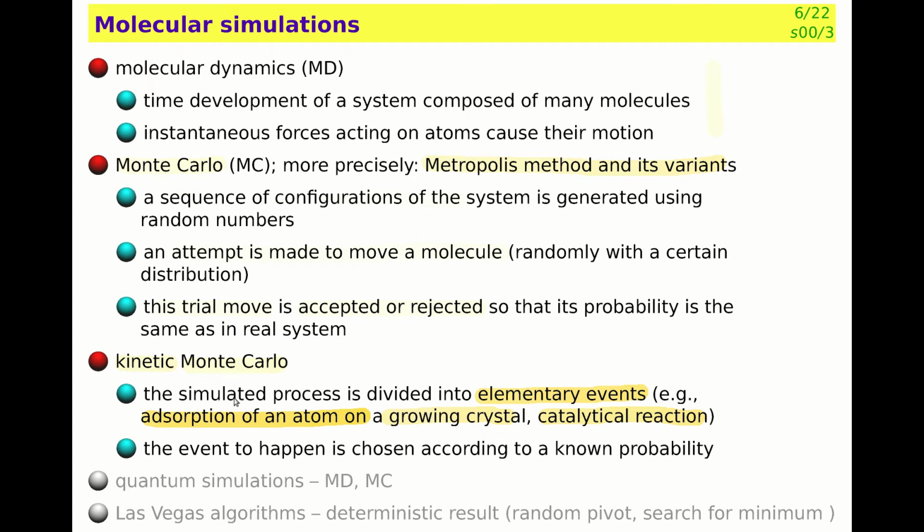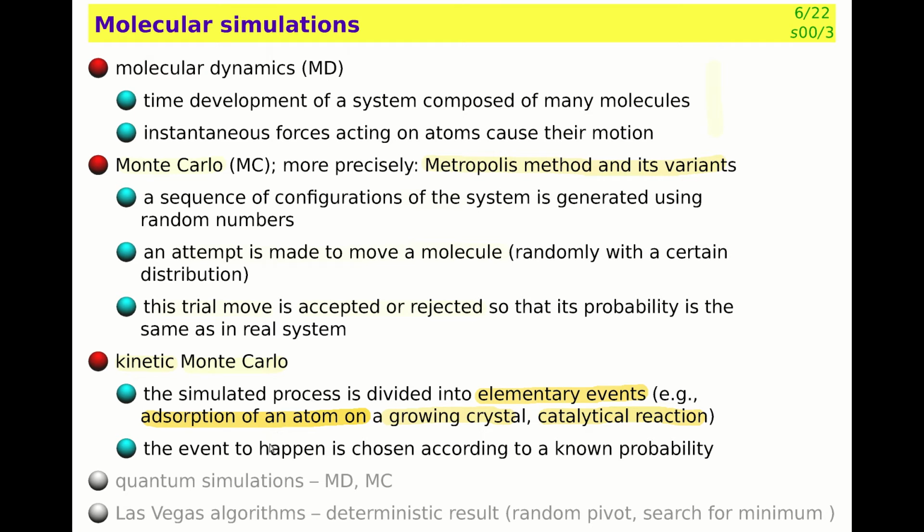And we have many possible events that can happen at any time. But we also have or know, calculated in advance, probabilities of this or that event. For example, the adsorption of an atom may be more favorable at some place and less favorable in another place, and so on.